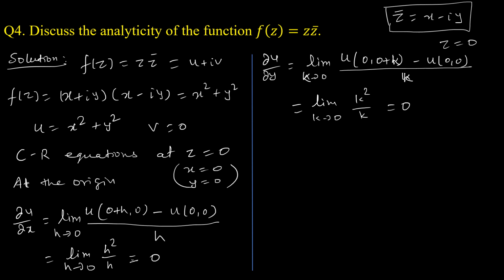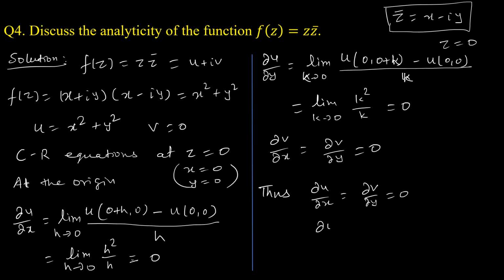Now, v is already 0. So directly we can write del v upon del x equals del v upon del y, all are 0. So in that case, for the CR equations, del u by del x is equal to del v upon del y. Both are 0, so it satisfies the first condition. Now del u upon del y is equal to minus del v by del x.